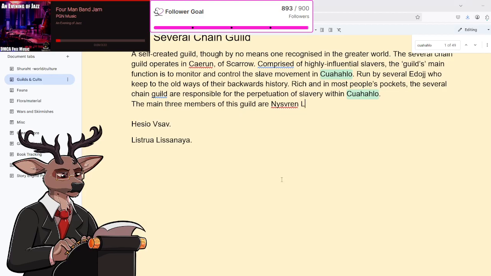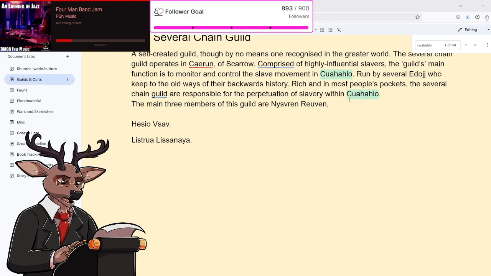Okay. I kind of just key mash. A lot of fantasy names that I come up with, I tend to just key mash and then alter until I can say it well enough.